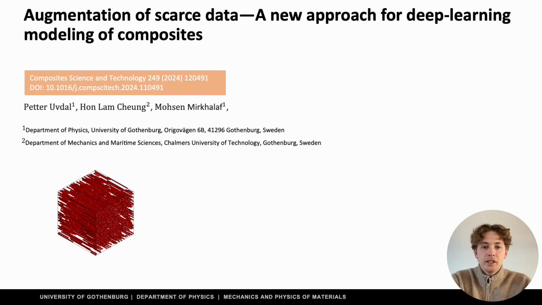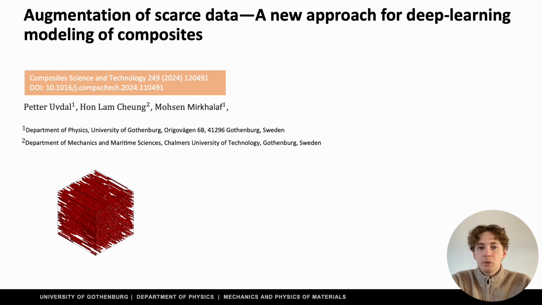In this study, we explore a method to increase a scarce dataset for training of deep learning models. When we're working with artificial neural networks as surrogates for material models, we typically start with a 3D micromechanical model of a representative volume element, or an RVE.